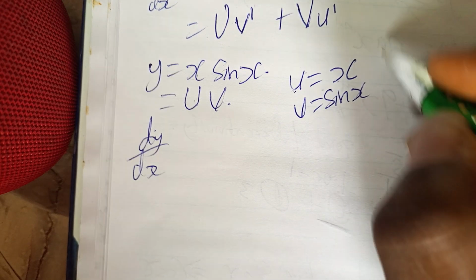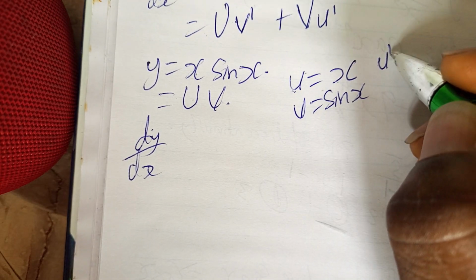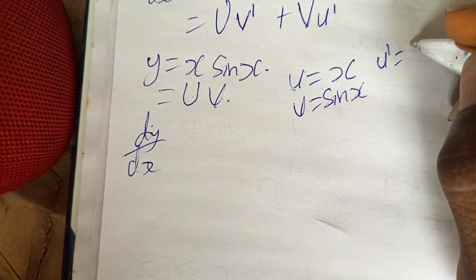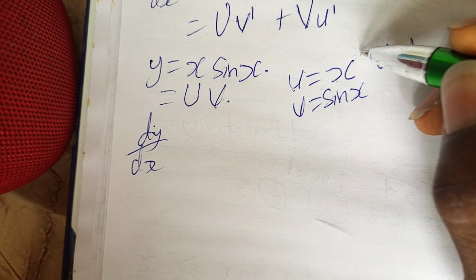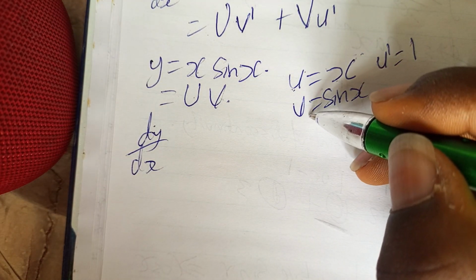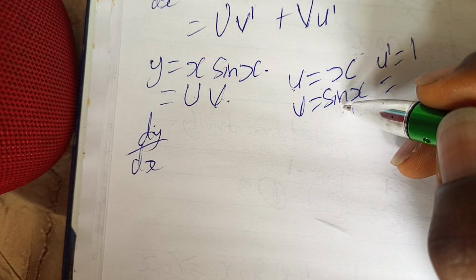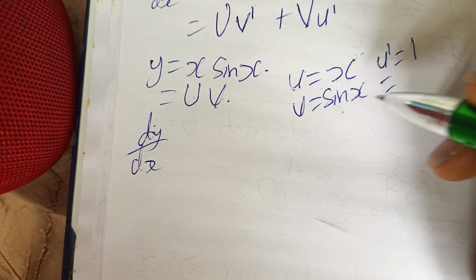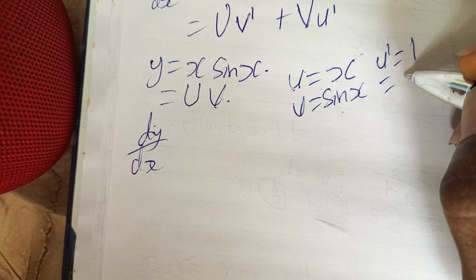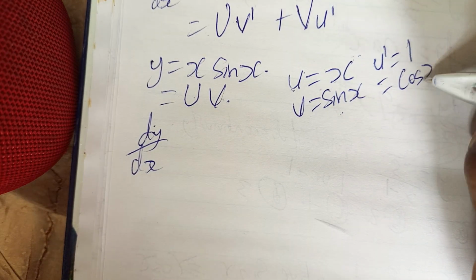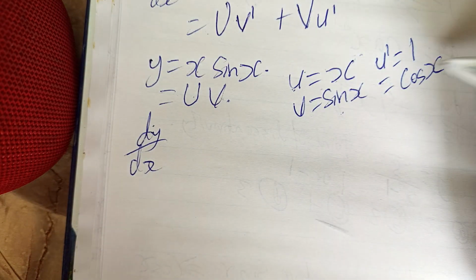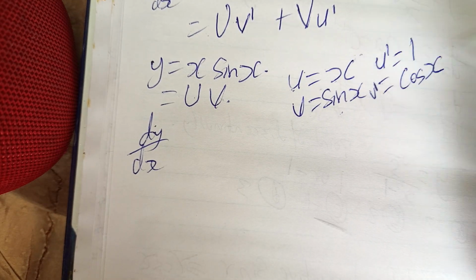If u is x, du/dx, that is u prime, is going to be 1. Then if v is sine x, dv/dx is cos x. You can remember, this is going to be cos x. That is v prime.